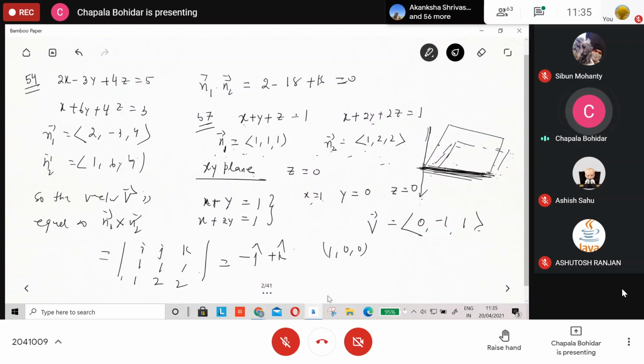So now the parametric equation: x is equal to 1 plus 0t, which is 1. y is equal to 0 minus t, so it is minus t. z is equal to 0 plus t, so it is only t. This is our parametric equation.